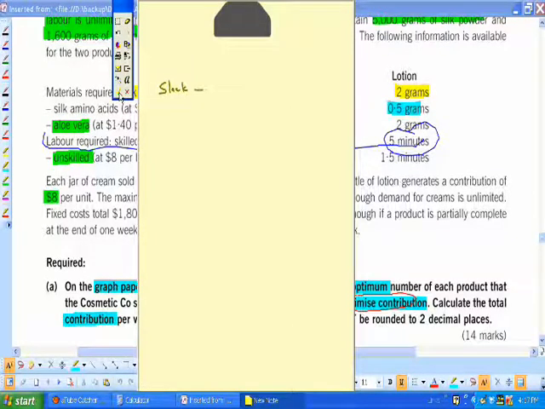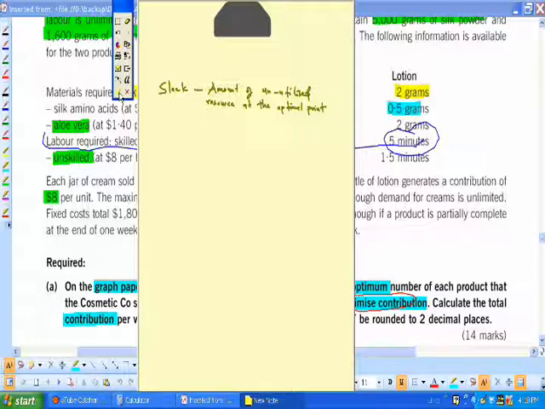Slack is the amount of unutilized resource at the optimum point.